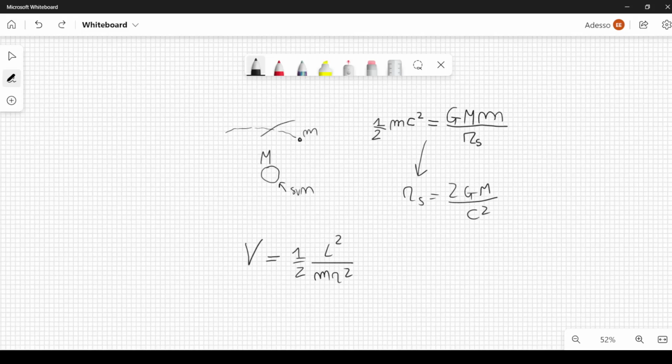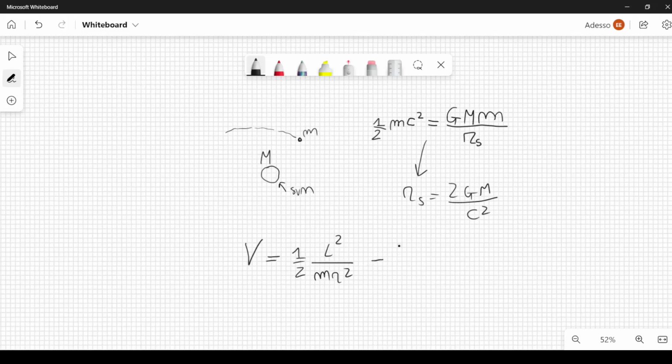Here the system is composed of these two bodies, one of which is the Sun. For simplicity, we can assume that the only body which is moving is the planet. It means that this is actually the angular momentum of the planet with mass m.